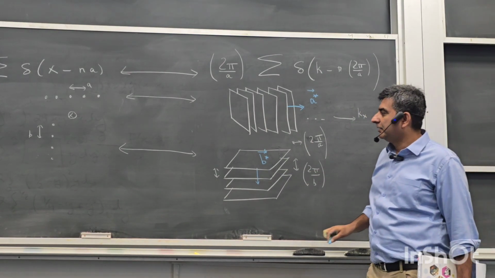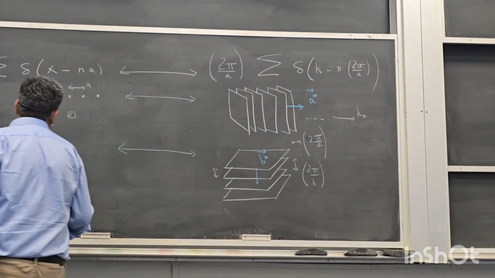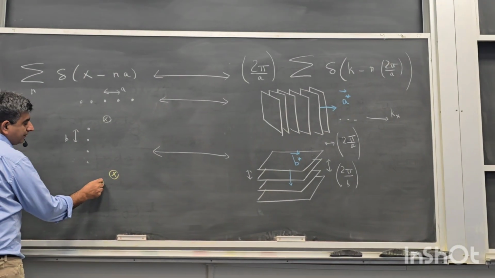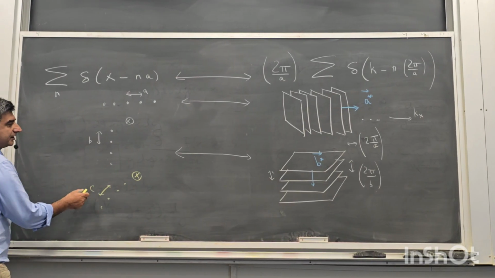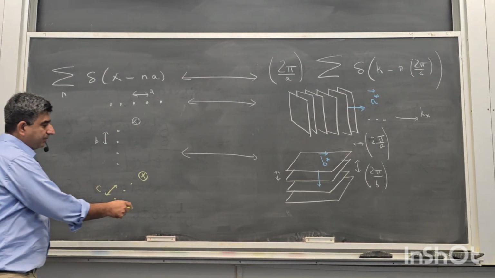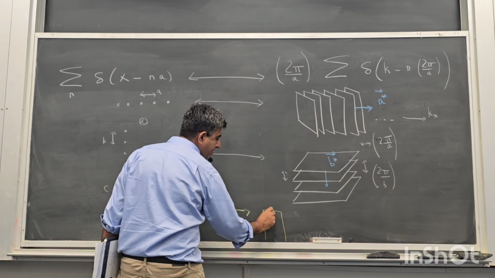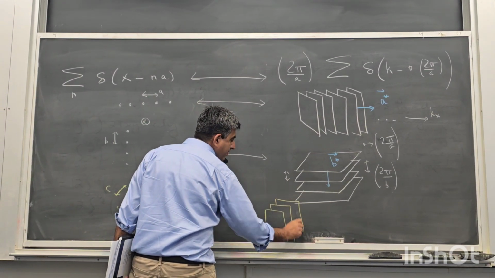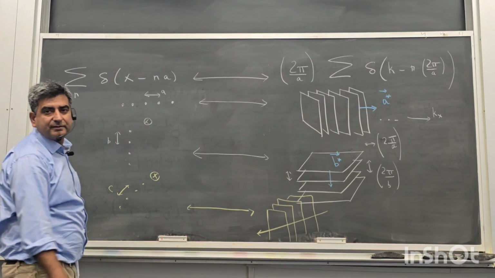Correct? So now if I do the third dimension, which means a plane of points coming out, this will also create another plane of points in the reciprocal space. Correct?